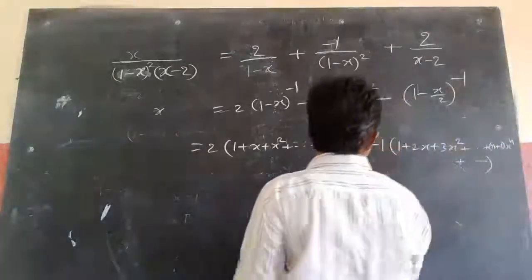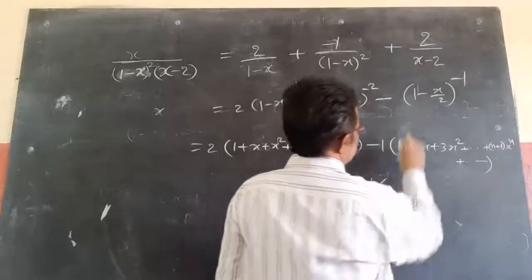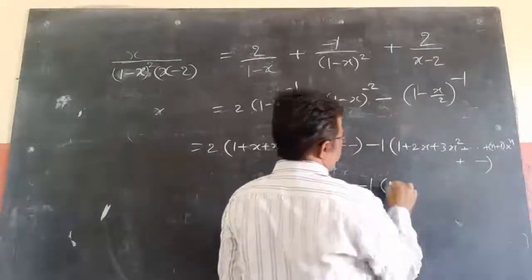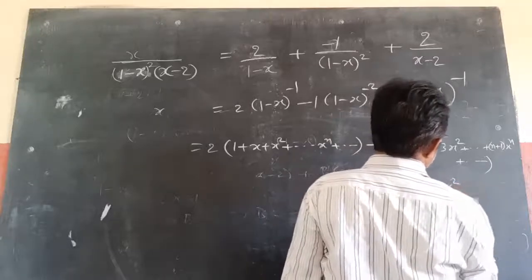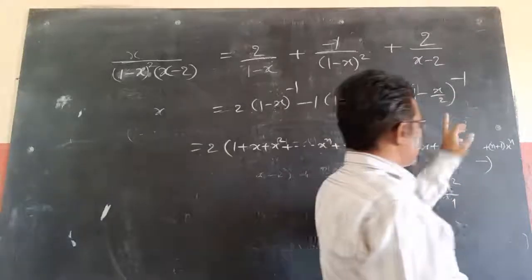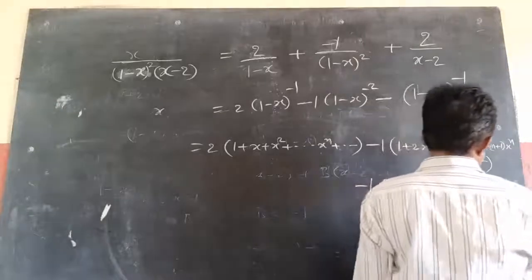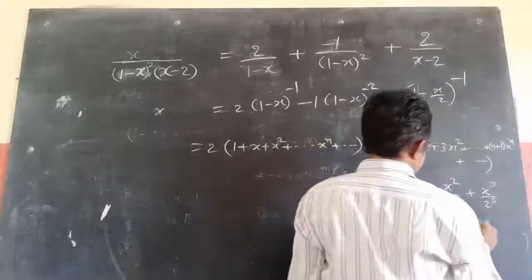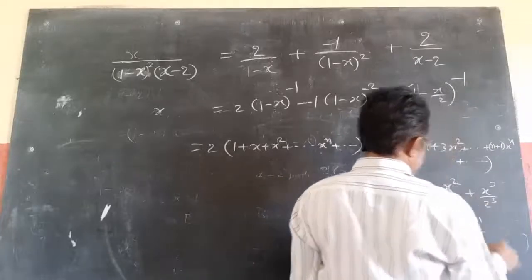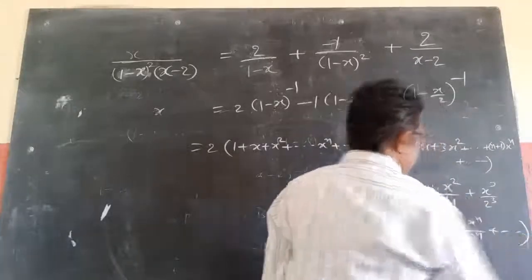And coming to this, minus 1 into again the 1 minus x whole power minus 1 formula: 1 plus x by 2 plus x square by 4 plus x cube by 2 cube, and so on till somewhere x power n by 2 power n, and so on till infinity.